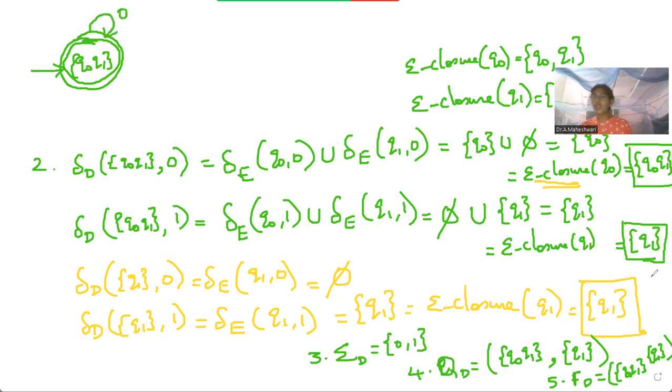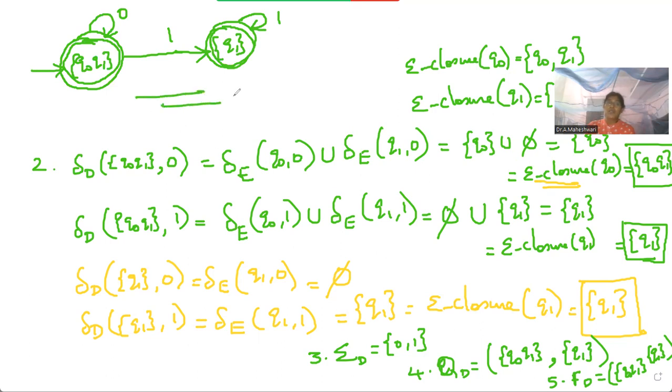Q0, Q1 on 1 goes to Q1, so from here to Q1, which is a final state, I'll draw a double circle. This is 1. Q1 on 0 is a null value, there is no value. Q1 on 1 is Q1 only, so I'll give a self loop. That's it. This is the DFA. Epsilon NFA to DFA, this diagram is the DFA. Thank you.